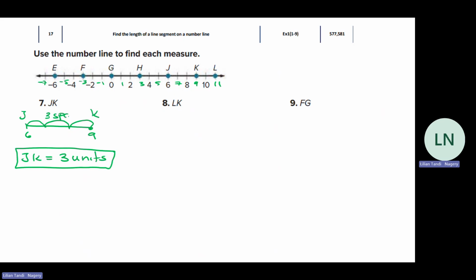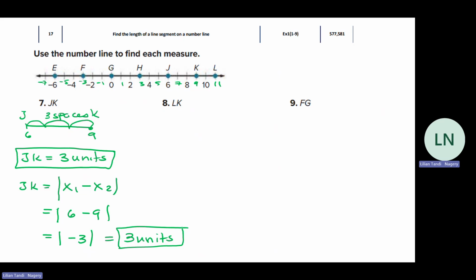Then I can do my check with the formula. JK is absolute value x1 minus x2. And then you have 6 minus 9, which will give you absolute value of -3, which will give you positive 3 units. And you box your answer.